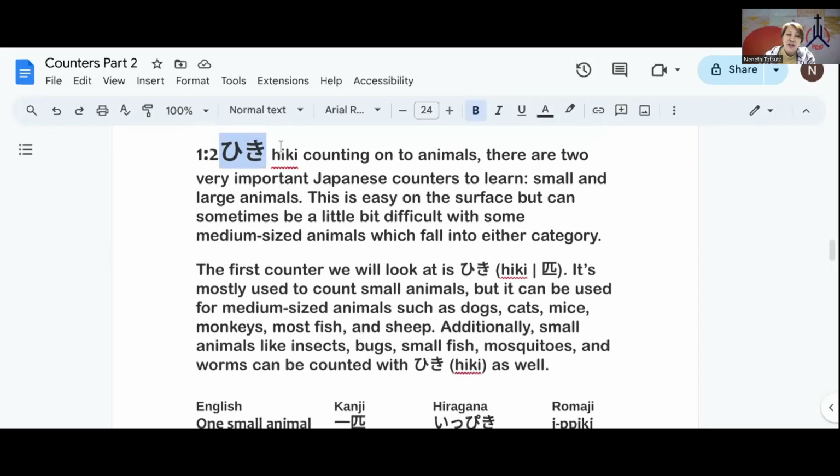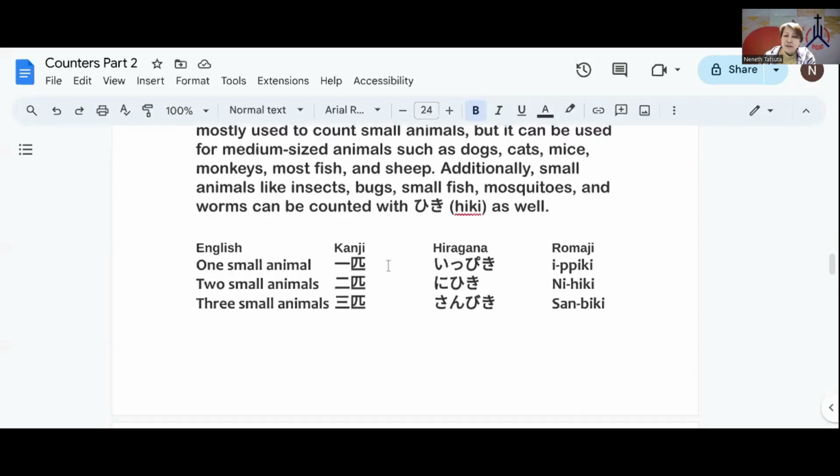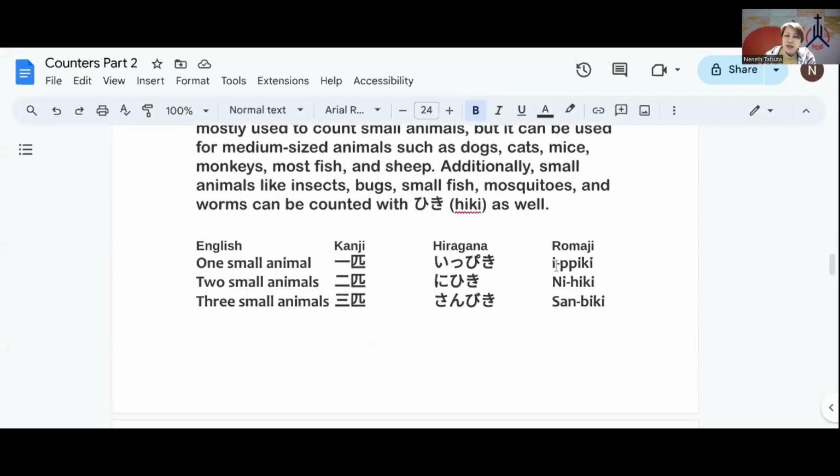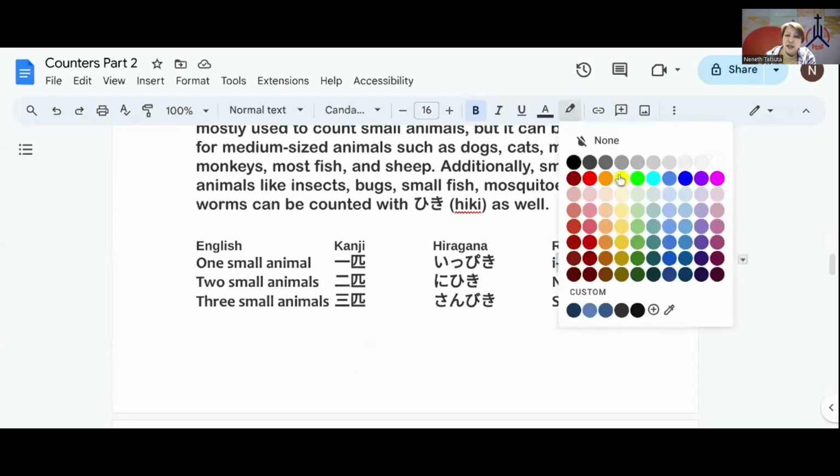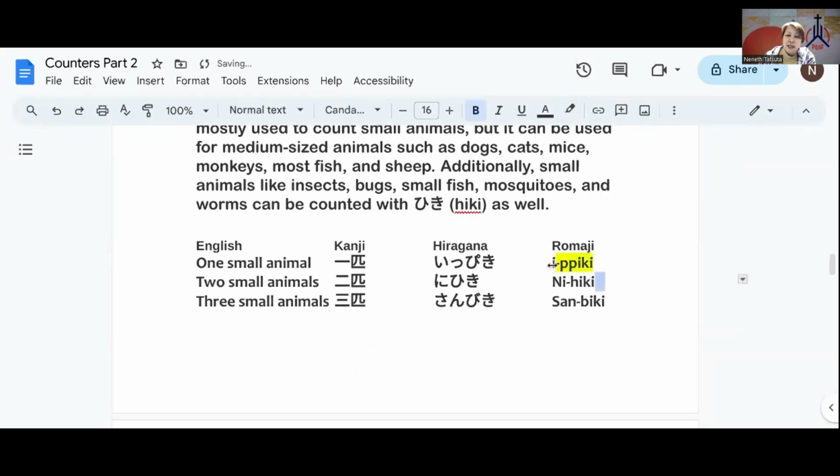So we use the hiki. And then we have again an exemption for the one small animal. It is ippiki. Again, it is not ichihiki but ippiki.